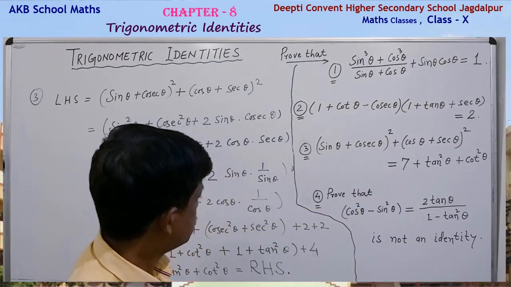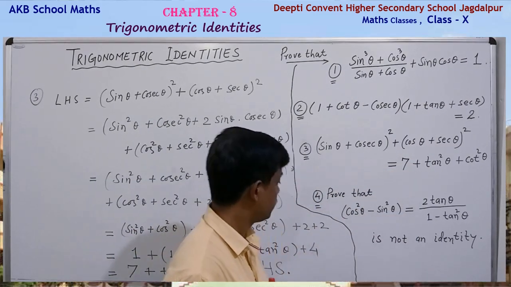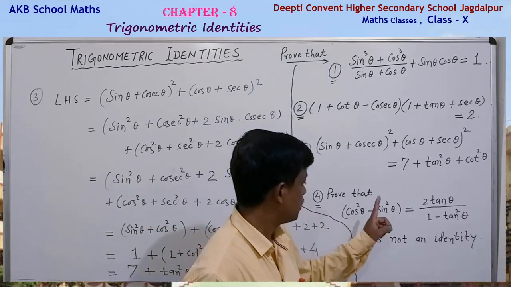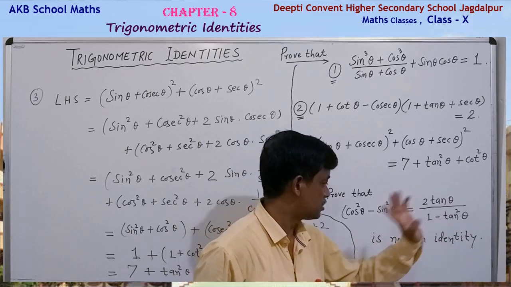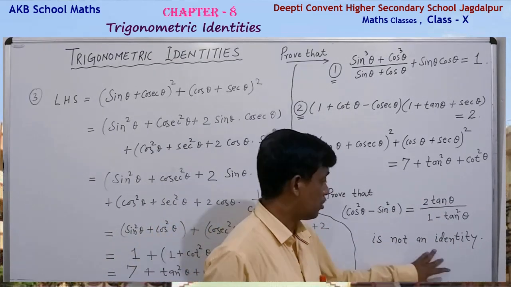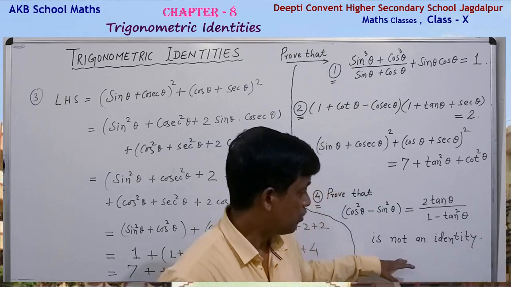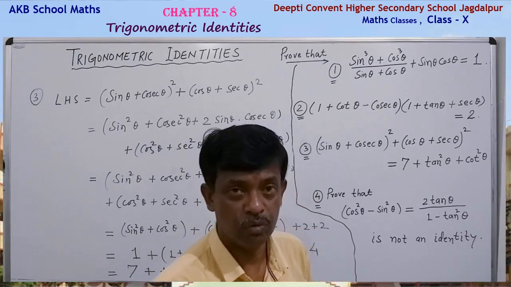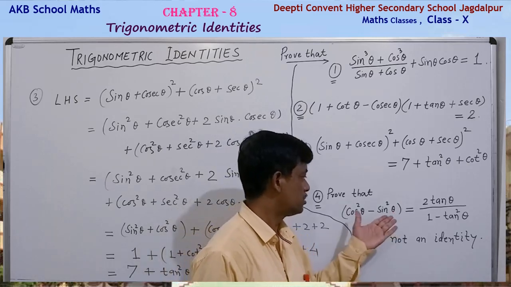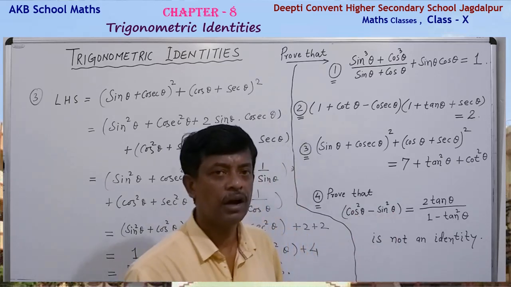Now we have the question: prove that cos square theta minus sin square theta equals 2 tan theta upon 1 minus tan square theta is not an identity. For negativity proving, we have to take a single value. If for a particular value of theta it is not true, then this is not an identity.